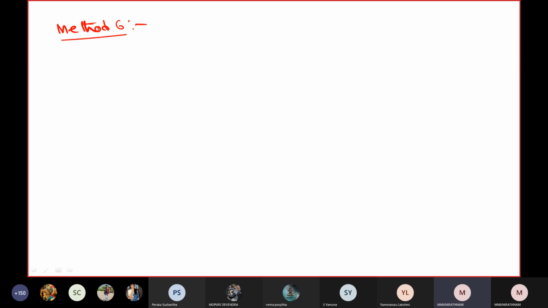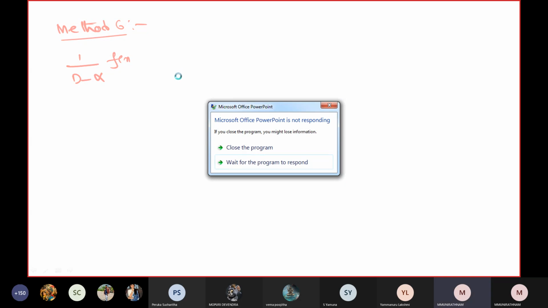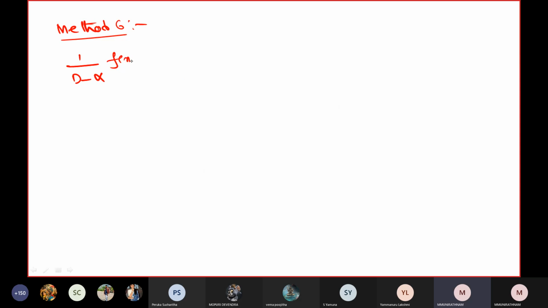In the case of 1 by (D minus alpha) into f of x, we use the formula: 1 by (D minus alpha) into f of x is equal to e power alpha x into the integral of f of x into e power minus alpha x dx.